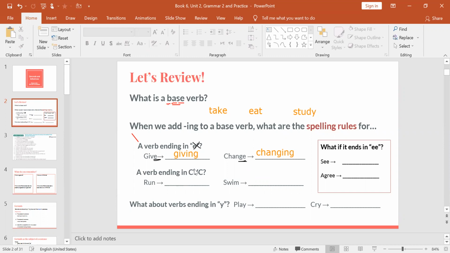Now, what happens to a verb that has consonant, vowel, consonant? For example, in run, the R is a consonant, the U is a vowel, and the N is a consonant. And here you have swim: the S and W are consonants, the I is a vowel, and the M is a consonant. I'll give you a couple of seconds to think about the spelling changes.